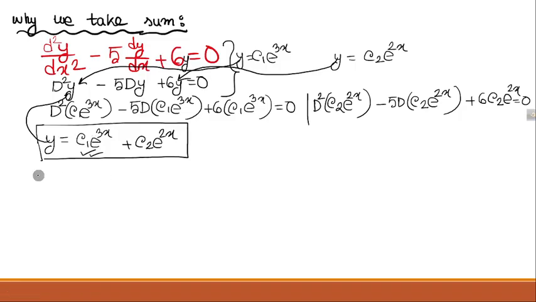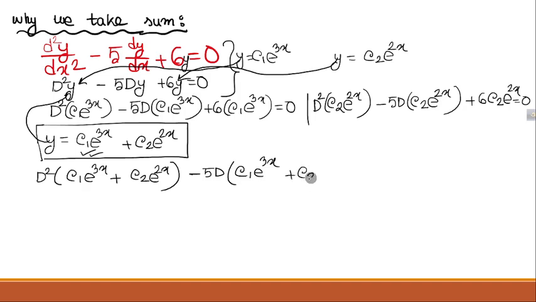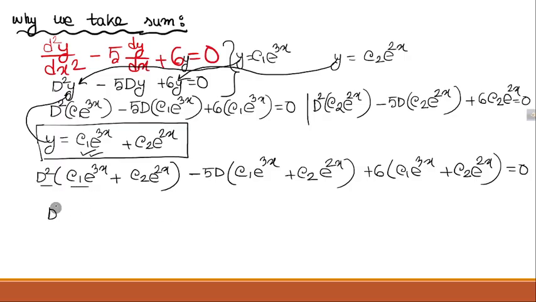Let's do this. So d square of c1 e to the power 3x plus c2 e to the power 2x, then minus 5d of c1 e to the power 3x plus c2 e to the power 2x, then 6 times c1 e to the power 3x plus c2 e to the power 2x. So write this thing: d square c1 e to the power 3x. It's almost finished, please keep patience.